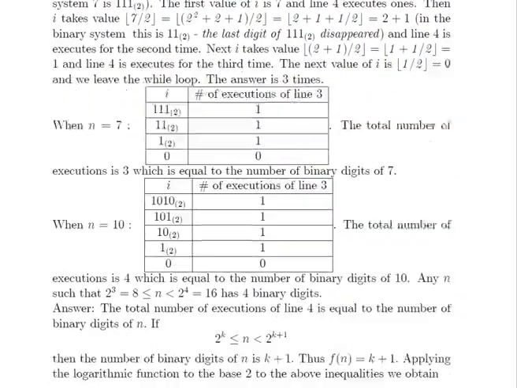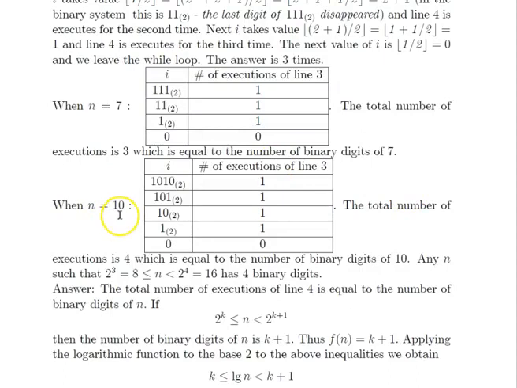Similarly, if n is 10, we can write 10 in binary as 2 plus 2 cubed, so it is 1010 in binary. And for each execution of the action of the while loop, one binary digit again disappears, and we get 4 executions, so f of n is 4.